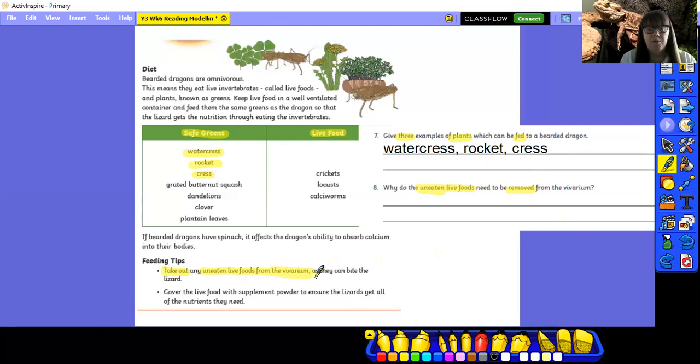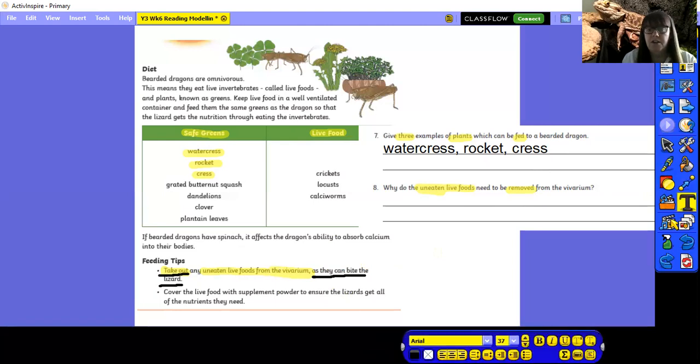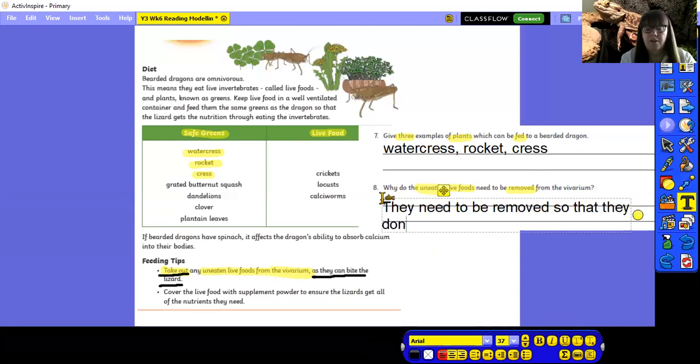There we go. So we've got from that this part of the sentence here that tells us why they've got to be taken out. So we can then use that to answer our question. Why do they need to be removed? We can start with they need to be removed so that they do not.